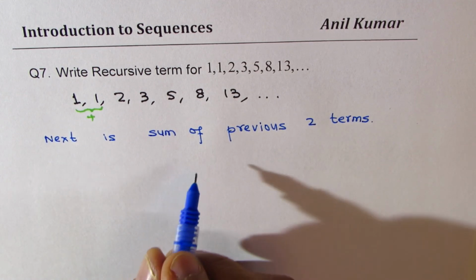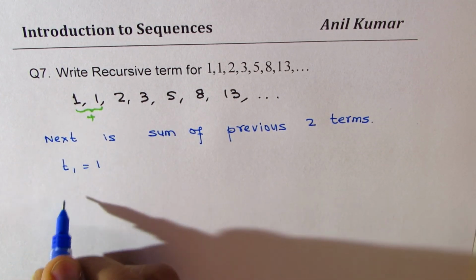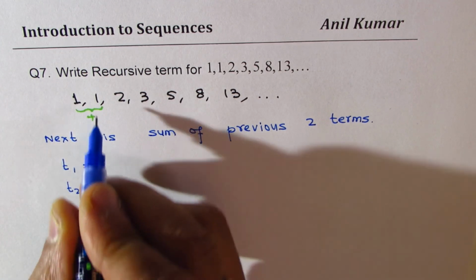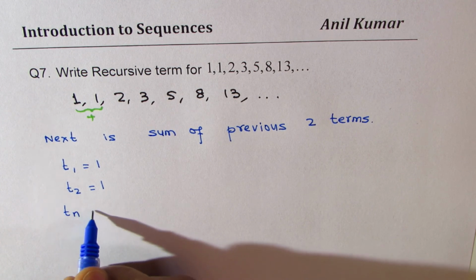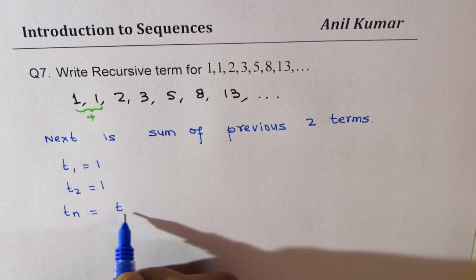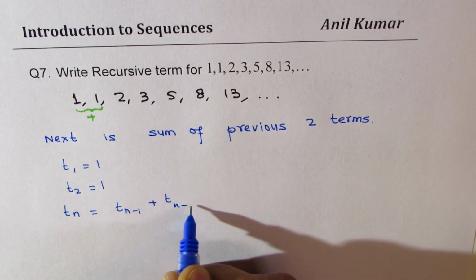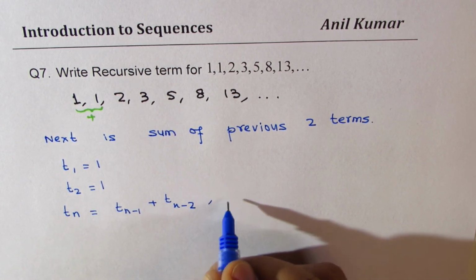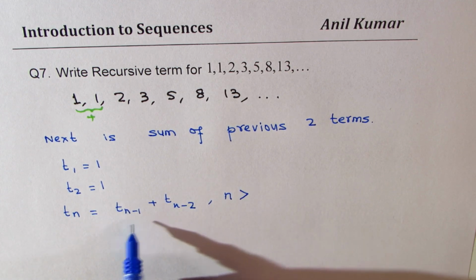So in this particular case, we'll define T1 equals to 1, T2 is also 1, and we can say that Tn is equal to Tn minus 1 plus Tn minus 2, where n has to be greater than 3, right?